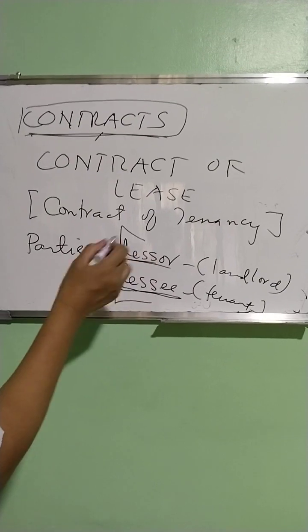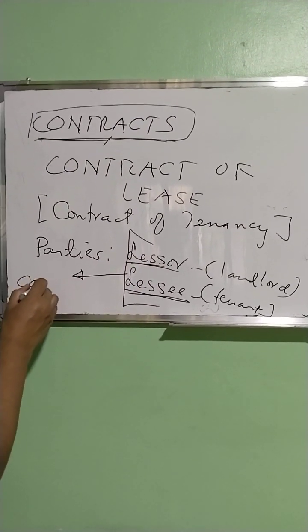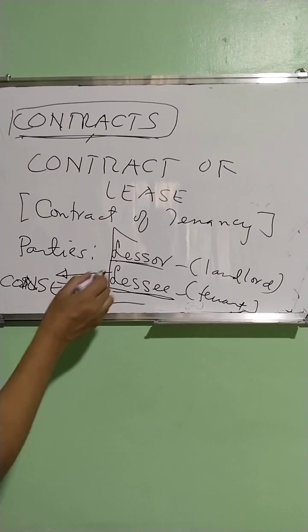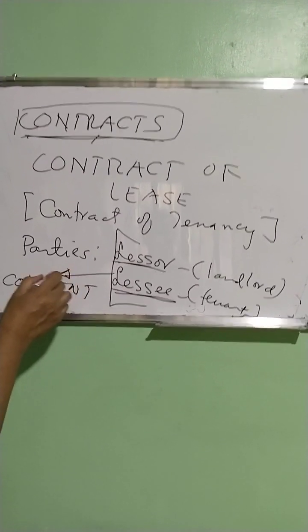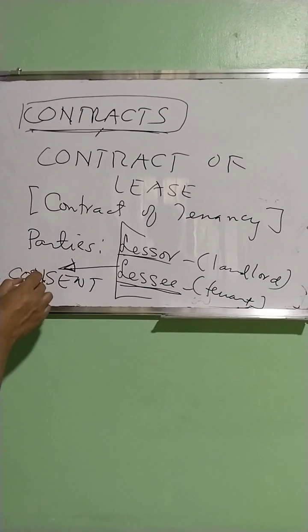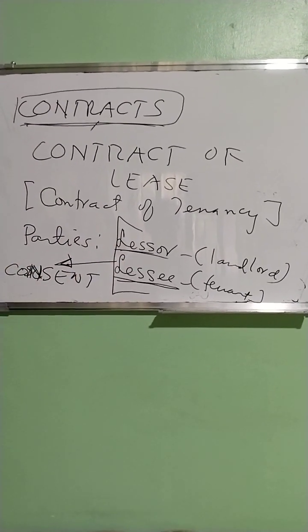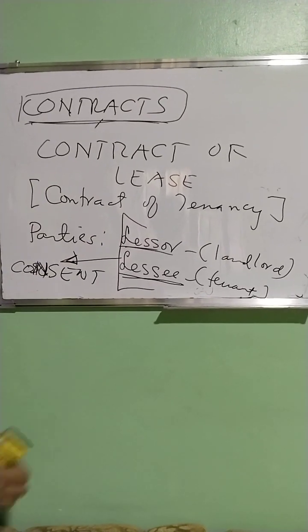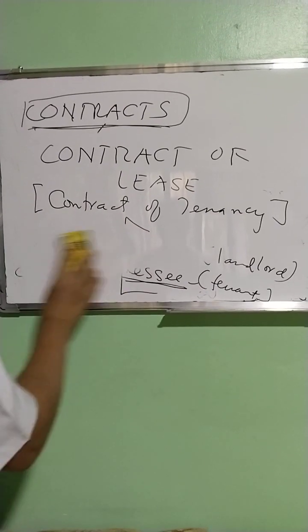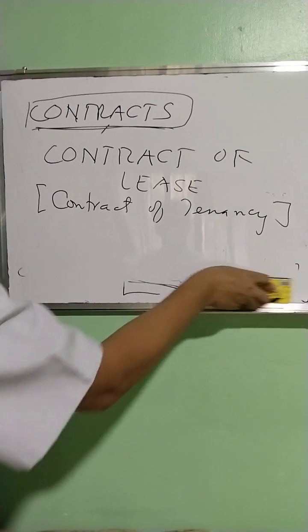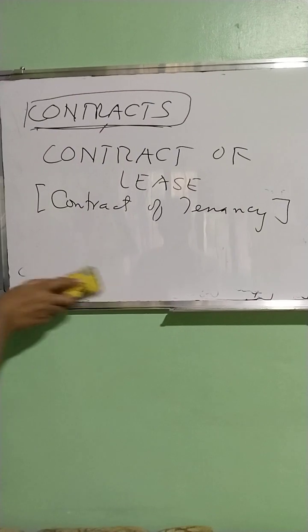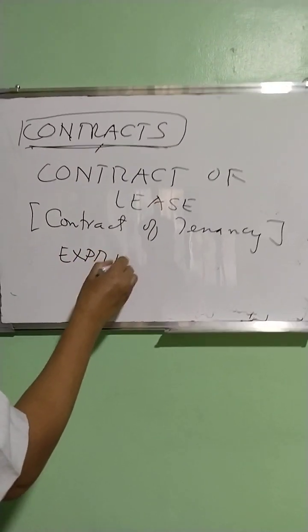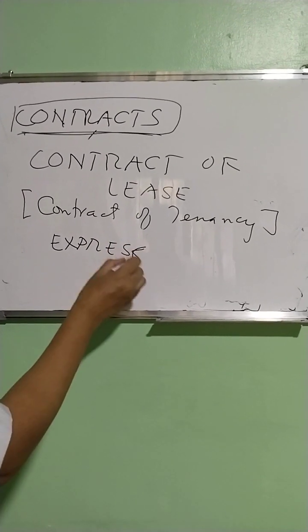The parties, of course, have to give their consent before signing the contract. They have to bilaterally give their consent. It's not only one person who will give his consent, but both of the parties. Clear so far? This consent could be either express or implied.